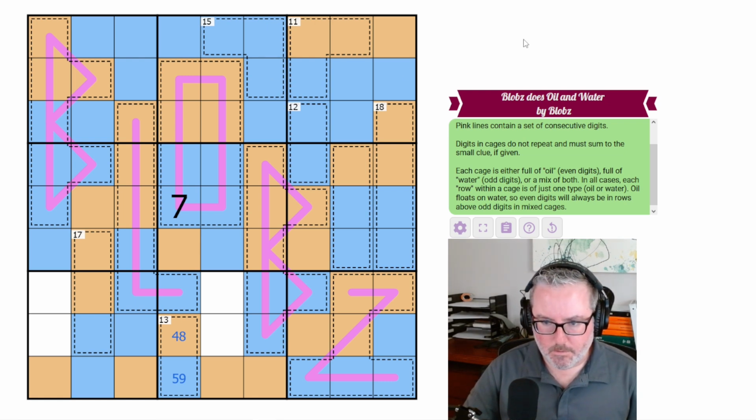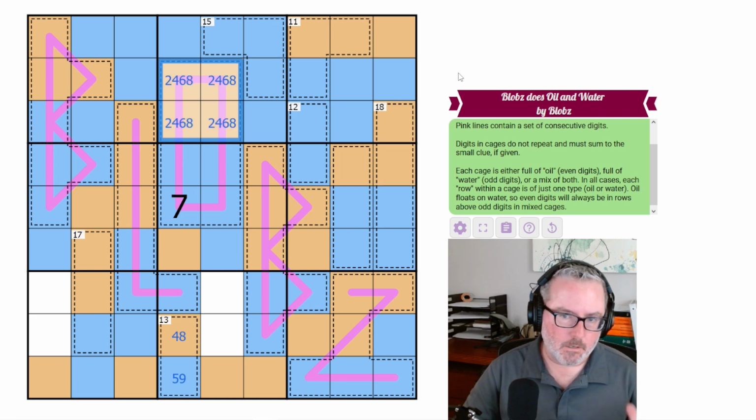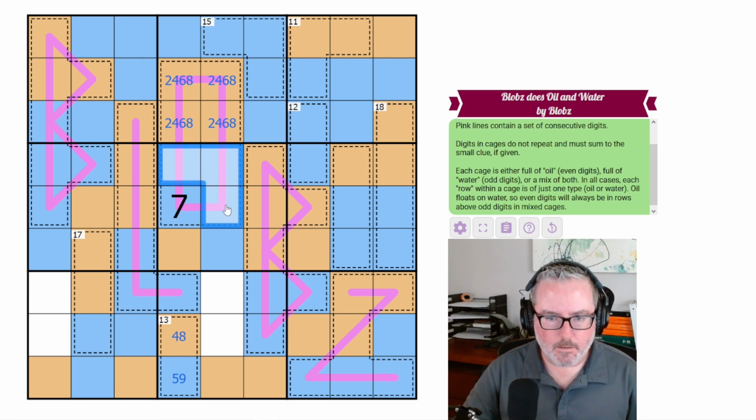All right, where do we need to look then to get ourselves moving forward with digits? Well, we know these are 2, 4, 6, and 8. Let's start thinking about Renbans, I guess. So we know we have to have 3 and 5 on here. There's only 1 digit missing, so we're only missing a 1 or a 9.